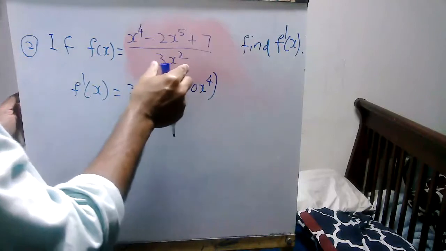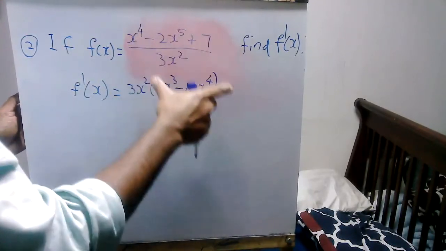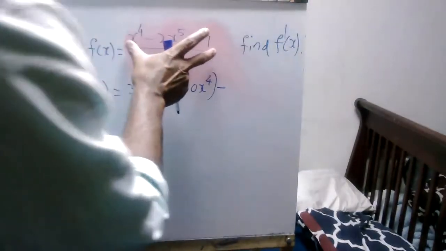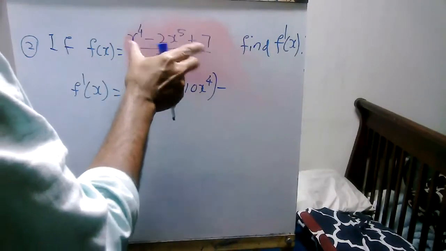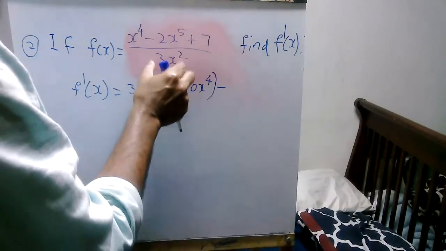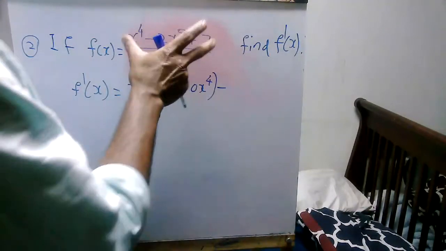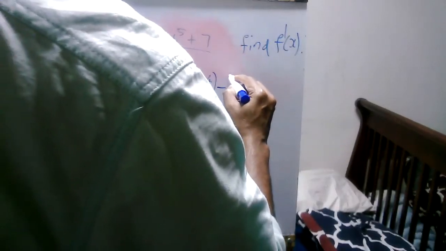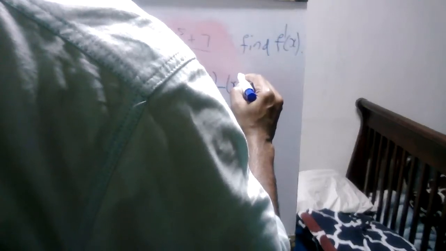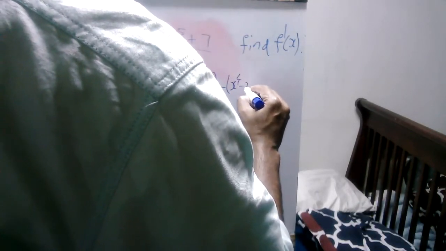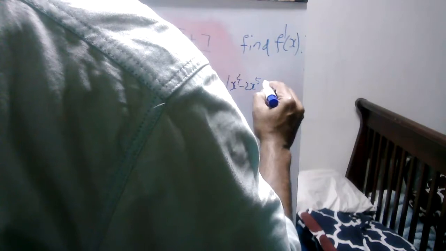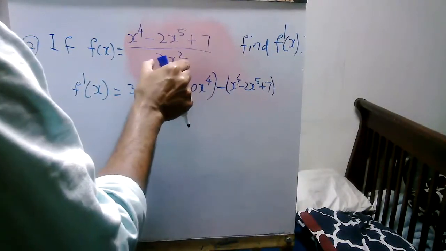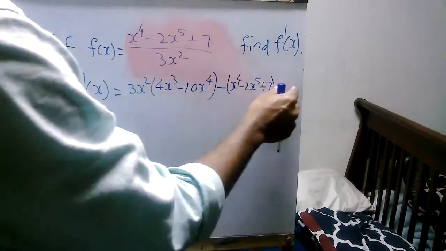Now this is denominator times the derivative of numerator, minus numerator times derivative of the denominator. Numerator is what? This thing. I'm gonna write it here. This is the whole numerator. Now I'm gonna write the derivative of the denominator here.